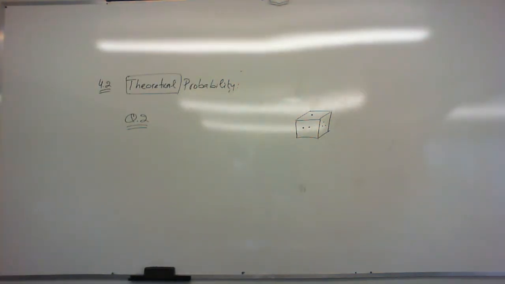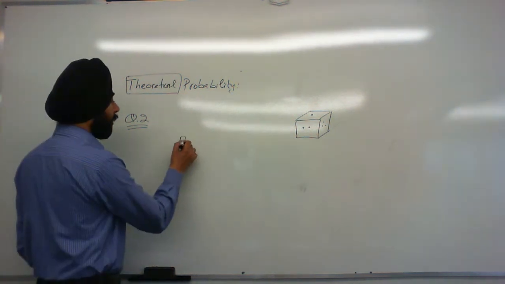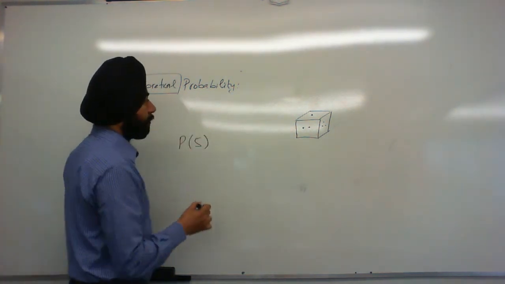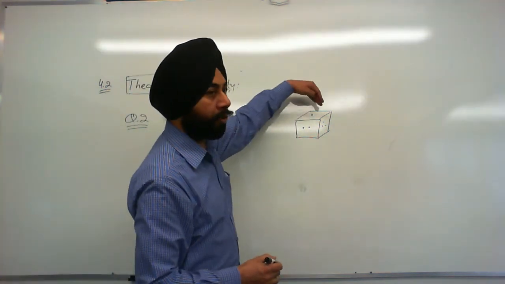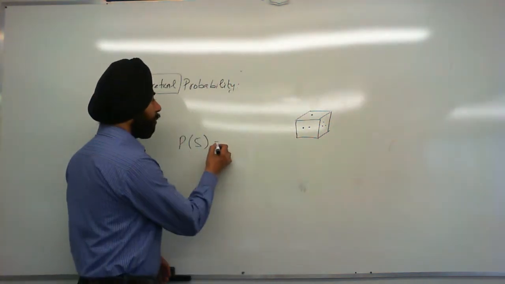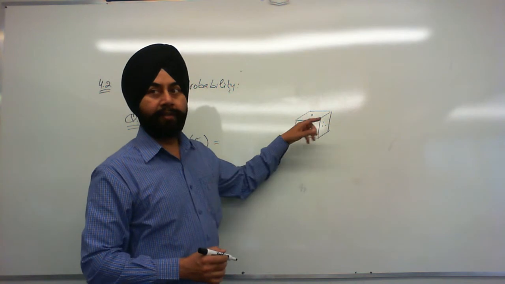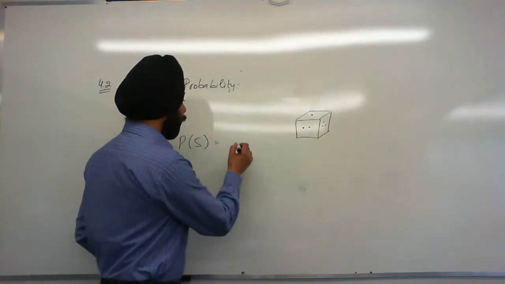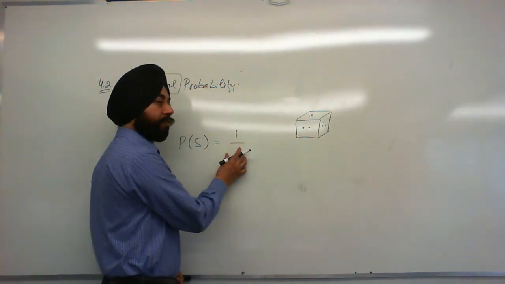And you have to find the probability that it will land on a 5. You will have the 5 dots face at the top. How many 5 dot faces are there? Just one face, right? And how many total number of faces are there? 6.